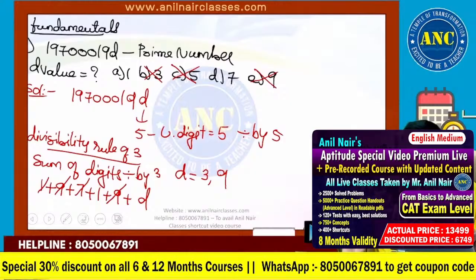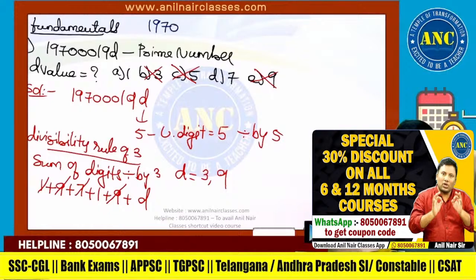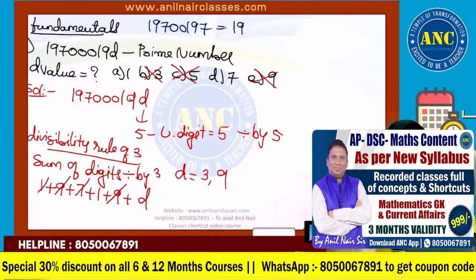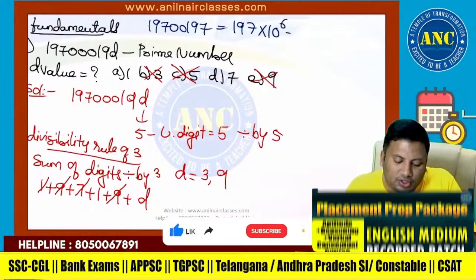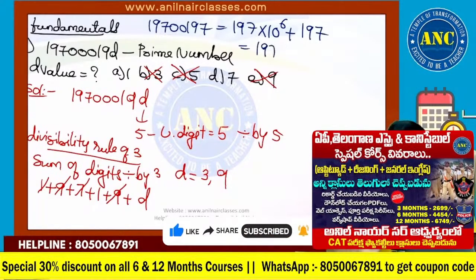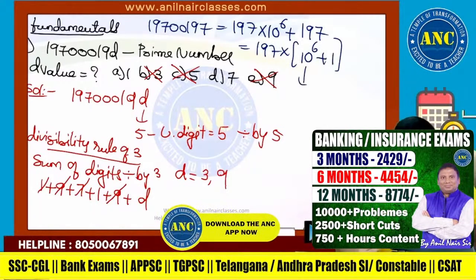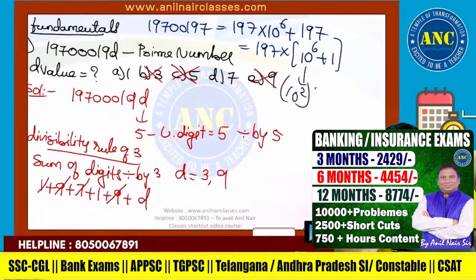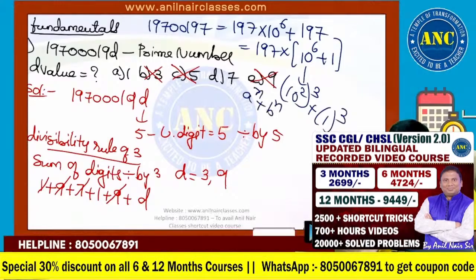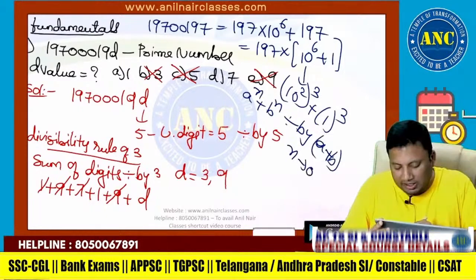I hope the idea is clear. Now, let us take 7. Very, very good question. 197000197 is nothing but 197 into 10 power 6 plus 197, which is 197 into (10 power 6 plus 1). 10 power 6 plus 1, as we discussed in the previous class, is (10 square) whole cube plus 1 whole cube. a power n plus b power n is always divisible by a plus b if n is an odd number.